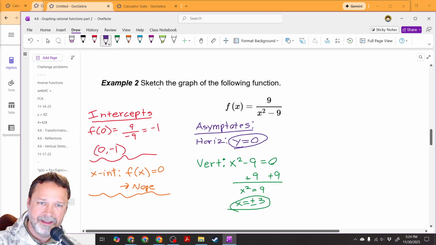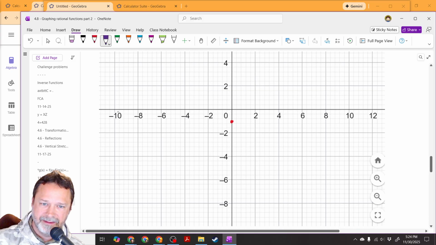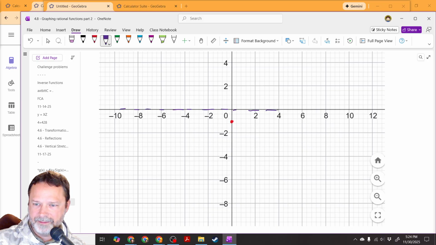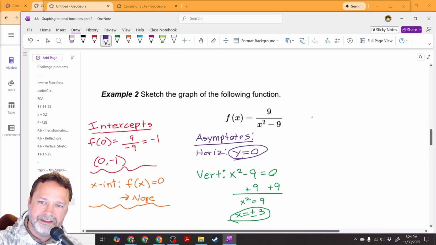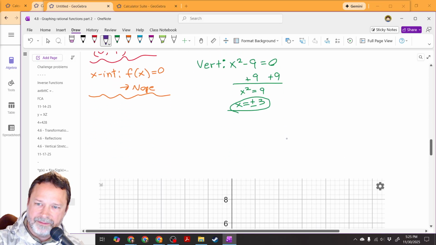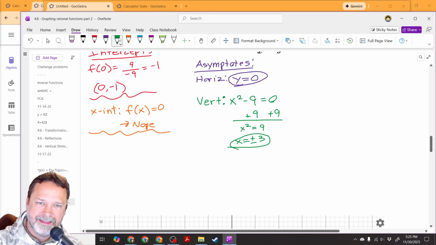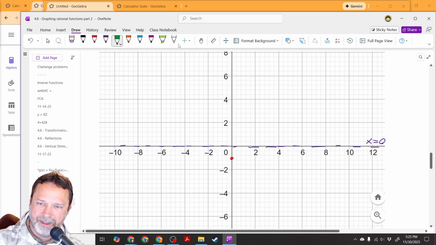That's our x-axis. So we can mark this up here. There's our x equals 0. There's our asymptote. And vertical asymptotes, x equals plus or minus 3. Okay, so we got one at -3.